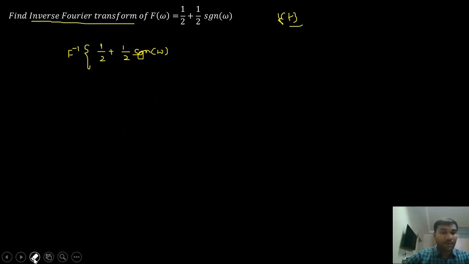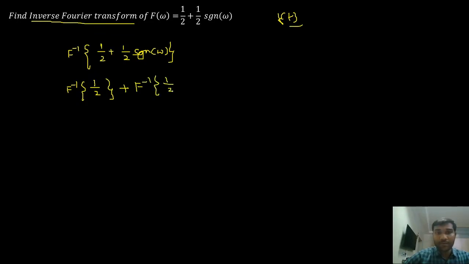Now I'll separate the inverse Fourier transform. So that will be F inverse of 1 by 2 plus F inverse of 1 by 2 signum of omega.